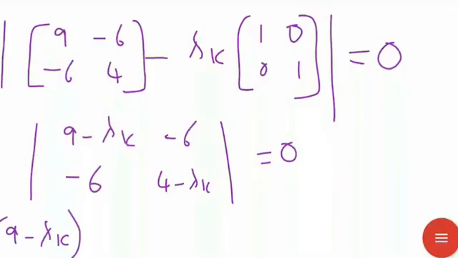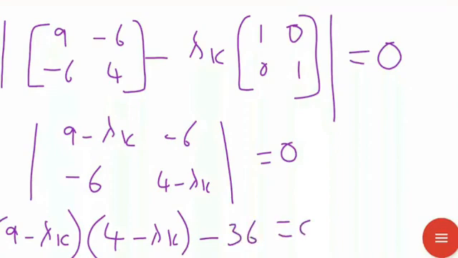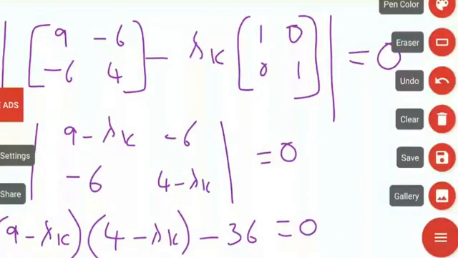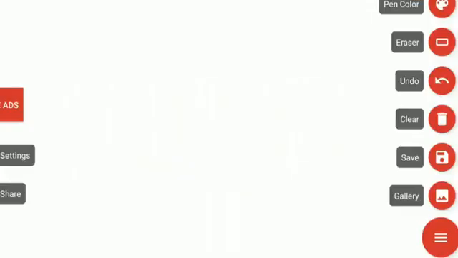So you know how to calculate the determinant of a matrix. After simplification, you can get a lambda k square equation.